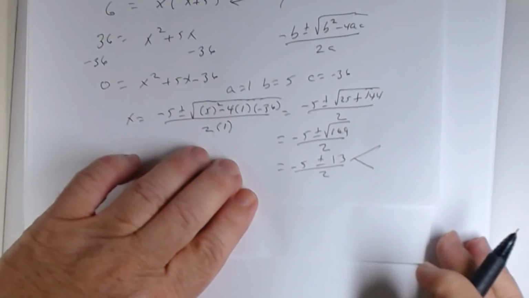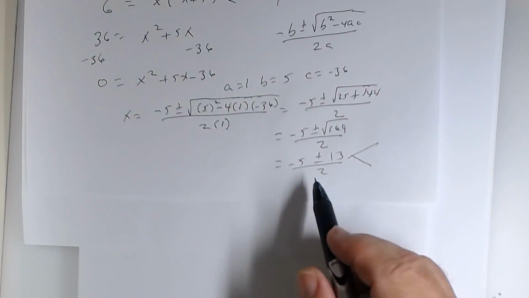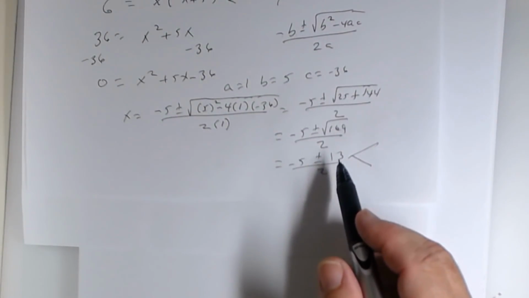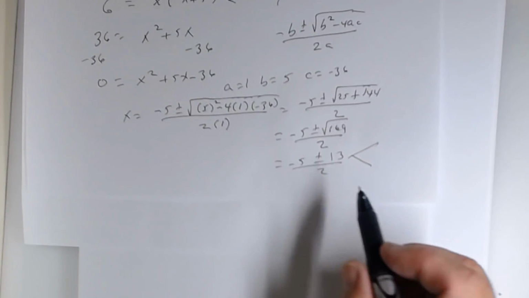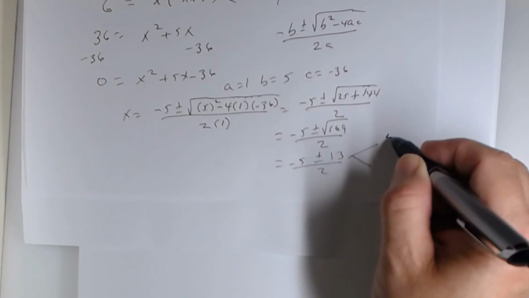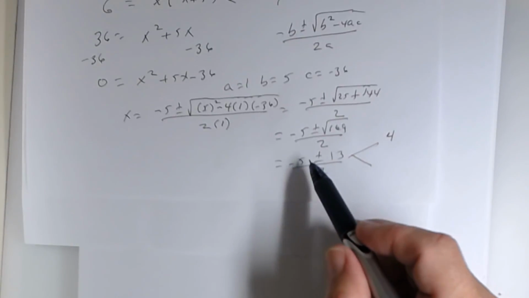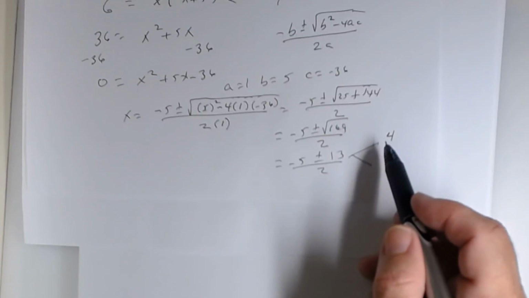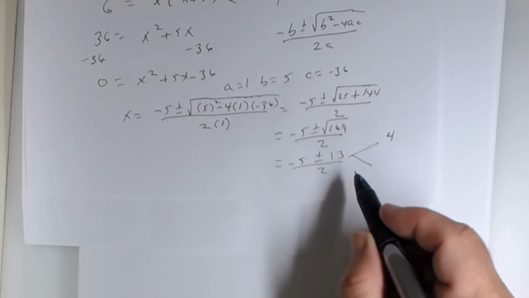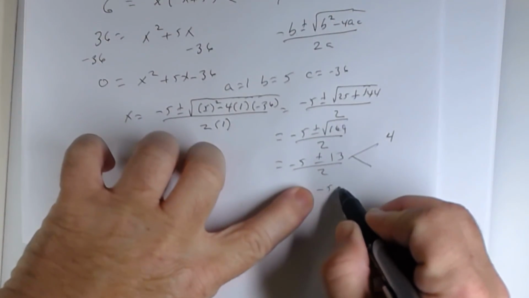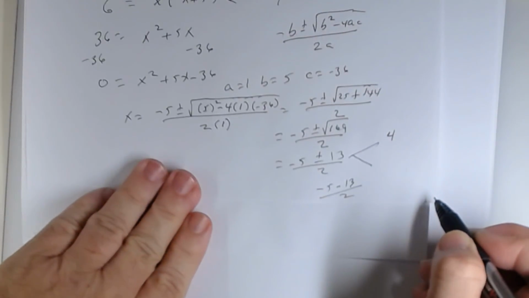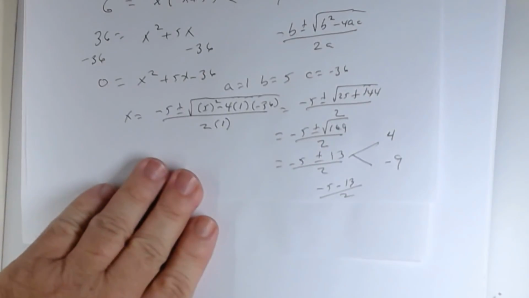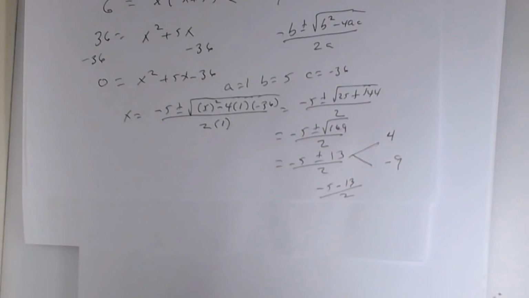And then all I do now is break it apart. -5 plus 13 is 8, and 8 divided by 2 is 4. For the next one, you're going to say -5 minus 13 over 2. So that's -18 over 2, which is -9. All right, so those are my proposed solutions.